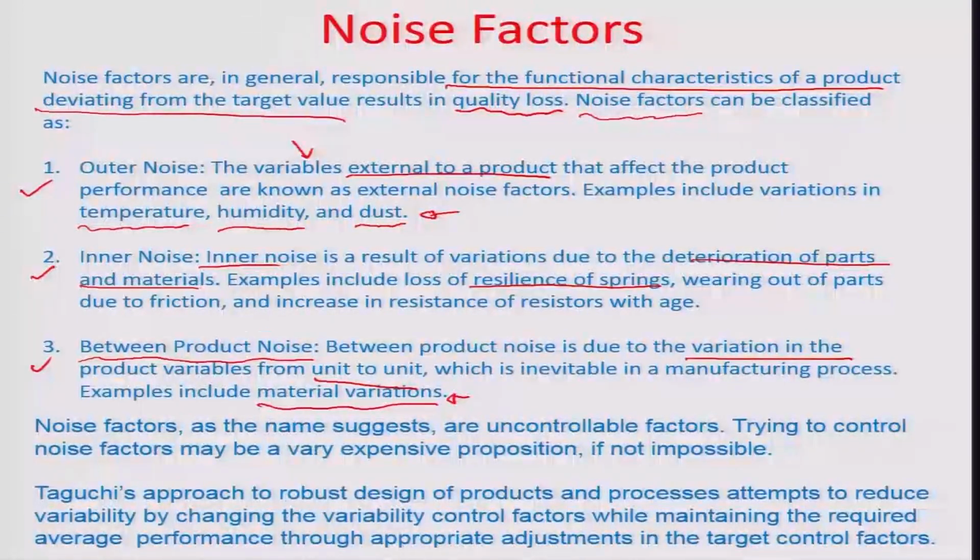As the name suggests, noise is noise because it is uncontrollable. You can't give a definitive strategy to control such noise, and sometimes even controlling it may be a very, very expensive proposition, because you may have to think out of the box, change the whole process altogether, or build more robustness by design, so that such noises may be eliminated.